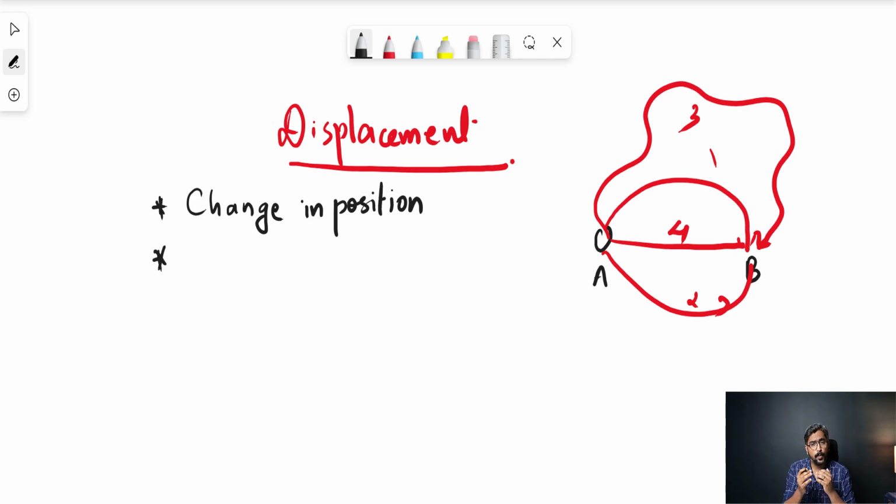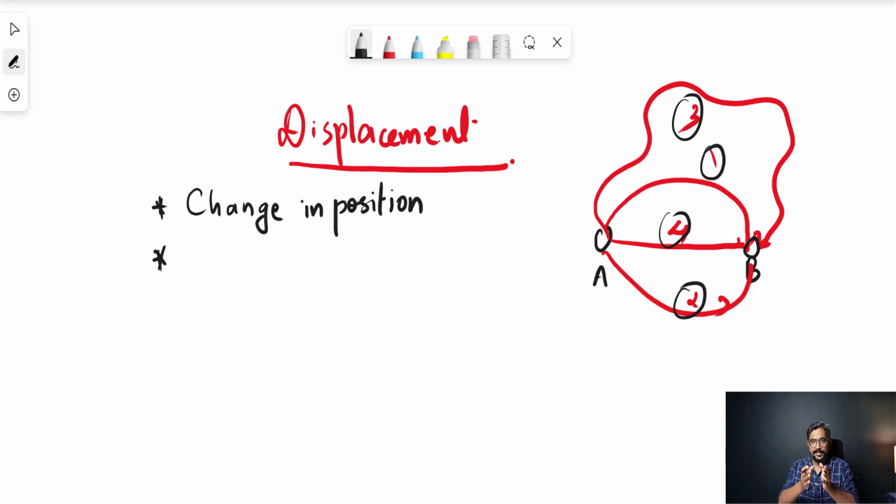Now why am I saying it is a vector quantity? Because in the previous case you have seen there are different paths: the first path, the second path, the third path, and the fourth path. If I want to find the shortest distance, obviously you can see the shortest distance is path 4.